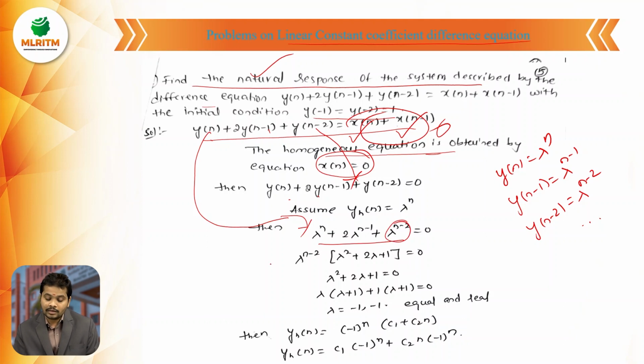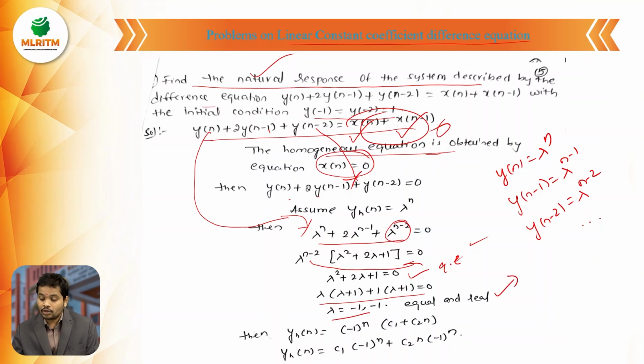Lambda square plus 2 lambda plus 1 equals 0. If you find the roots of this quadratic equation, we get lambda equals minus 1, minus 1.